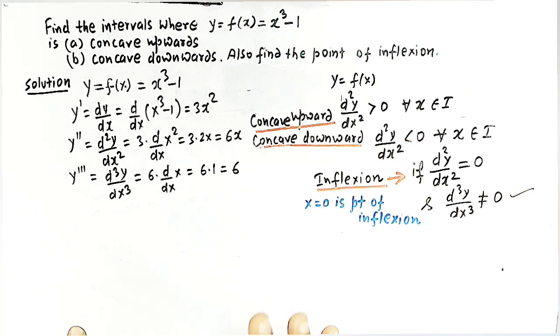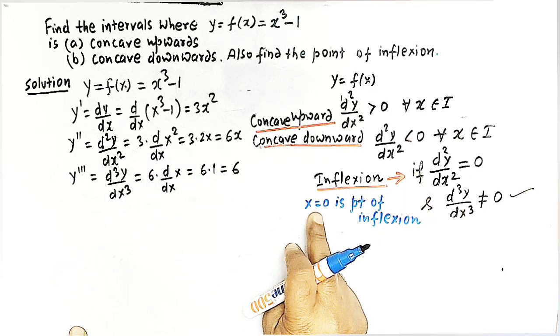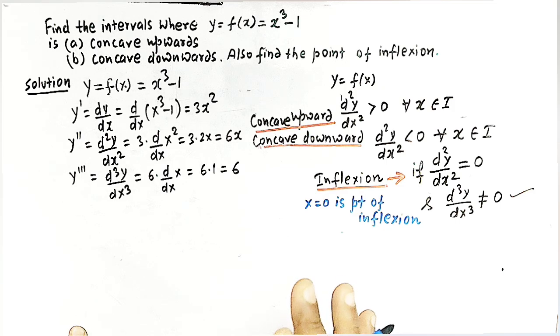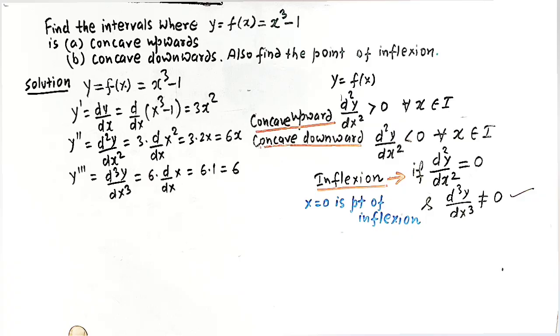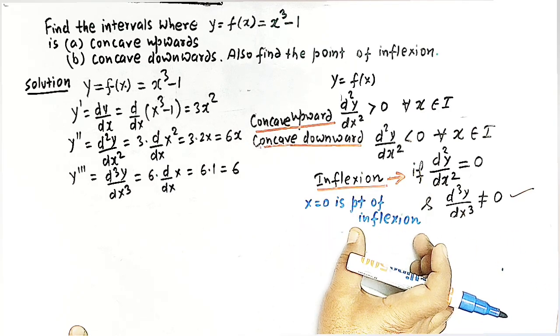So now let us see how the concavity changes at the point of inflection, right? So we have just defined that at the point of inflection, we have the second derivative is equal to 0 and the third derivative is not equal to 0, and there is a change of concavity of the curve at the point of inflection, right?